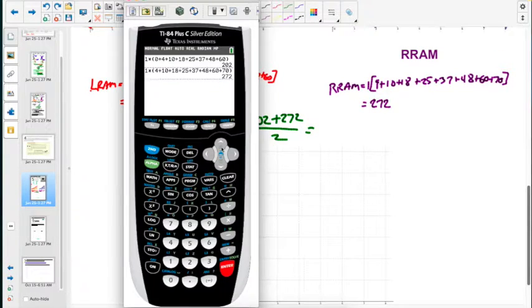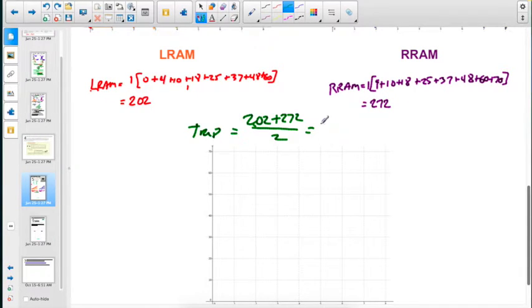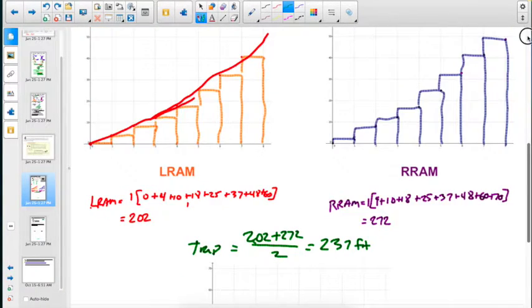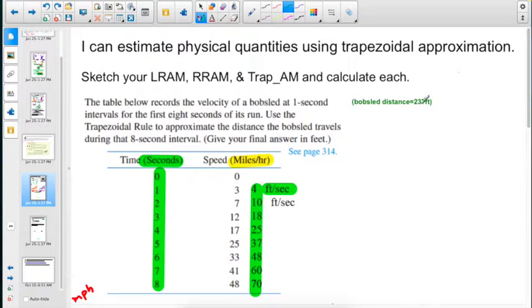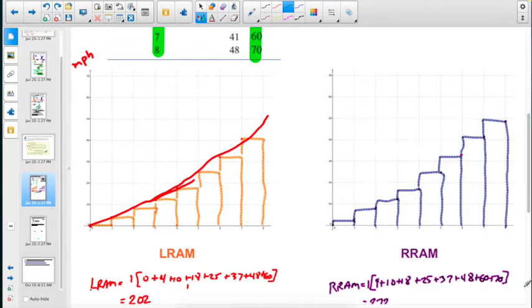And so 202 plus 272 is 474, divided by 2 is 237 feet. So that's how much we moved in the first 8 seconds of travel, is 237 feet.